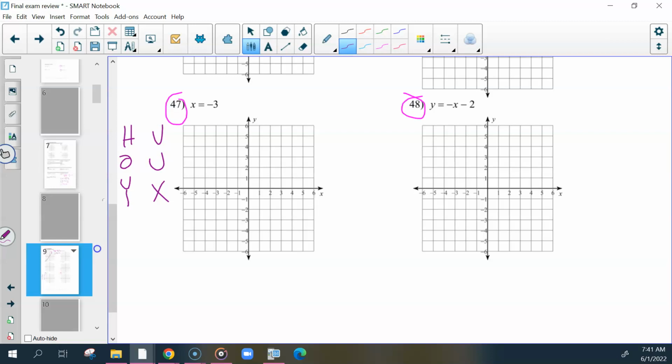This is an x equals, that means it's going to be a vertical line. So when x is -3, that's going to be a vertical line along that point. Questions on that?